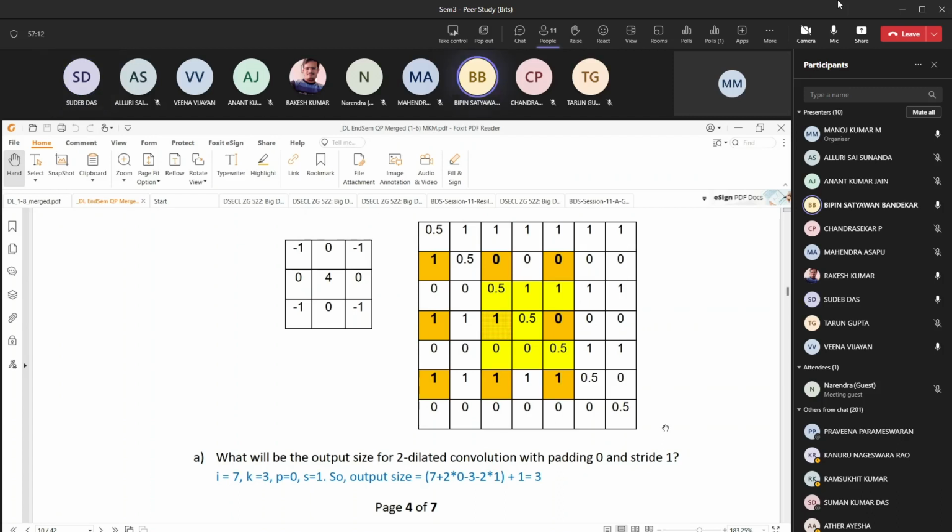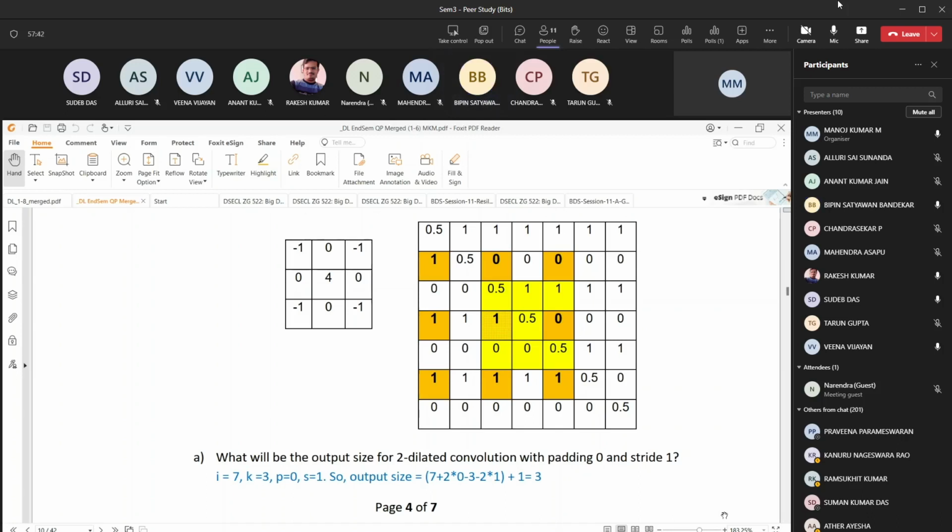Dilation tells what values of the input have to be taken, whether consecutive values or not. If the dilation is greater than 1, it will apply to alternate pixels.